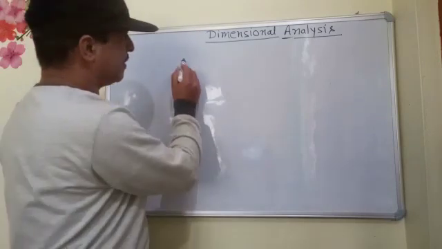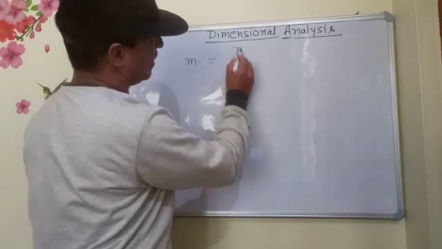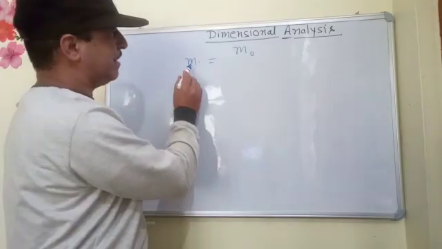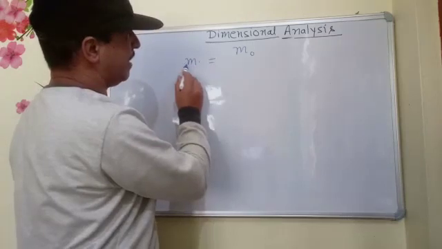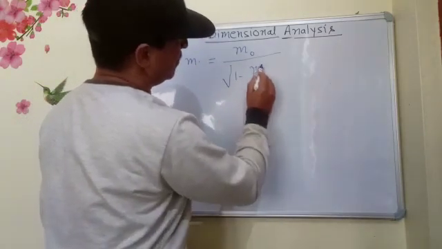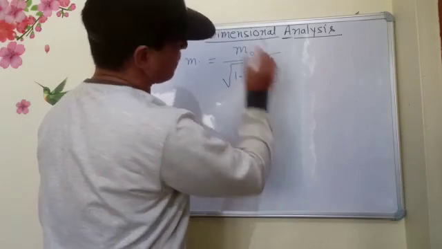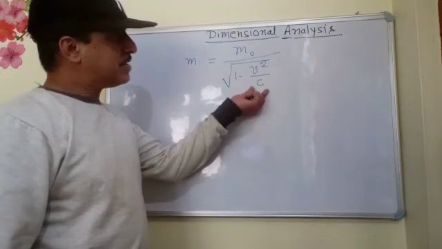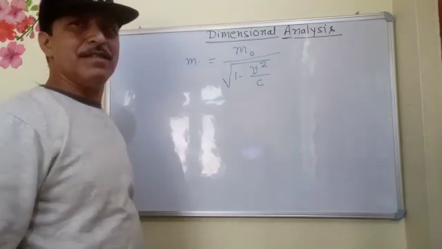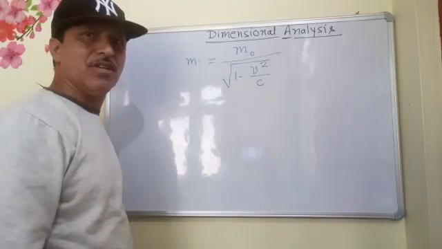So the equation relating the mass at rest M0 and the mass when it is moving at speed v is given by m equal to M0 into square root of 1 minus v square upon c, where c is the speed of light in vacuum and v is the speed of that particle. Let us see whether this equation is dimensionally correct or not.